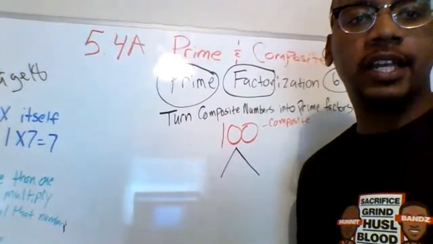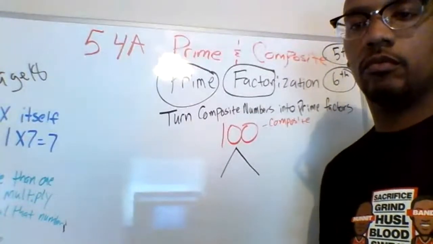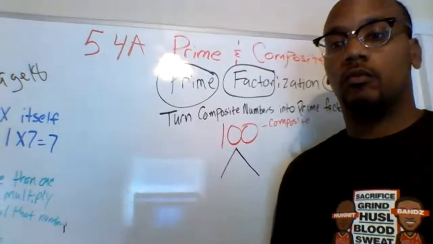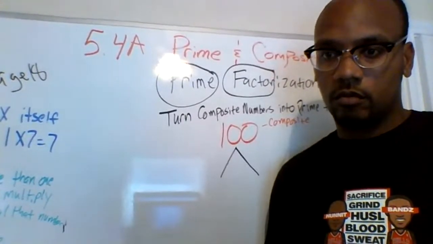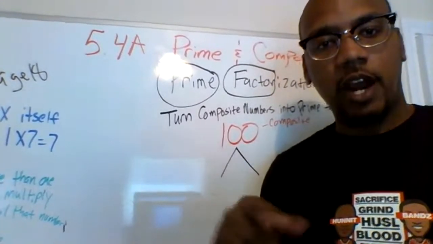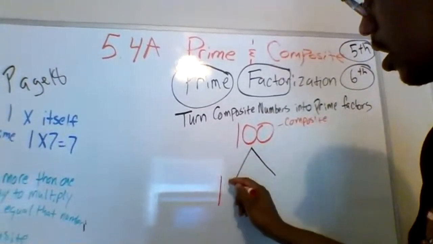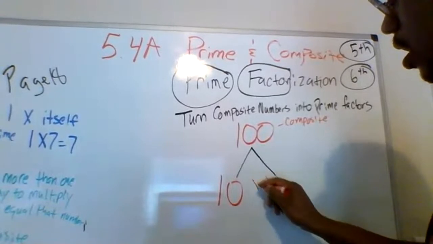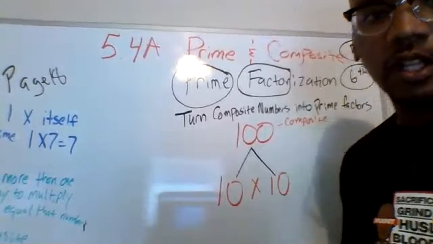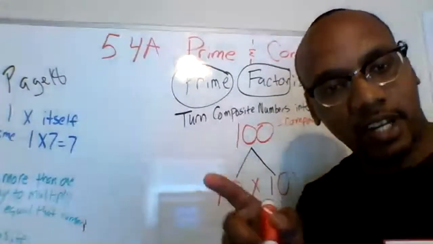Just type in one way that I can multiply to get 100. All right, good. Your cell says 10 times 10, right? So we're going to take what your cell said. Now, the question is, is 10 times 10 prime or composite?